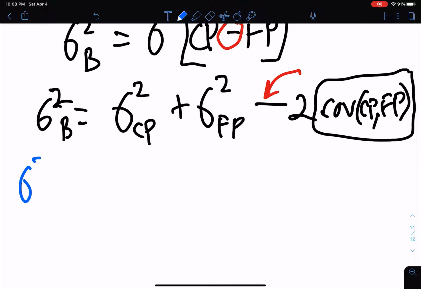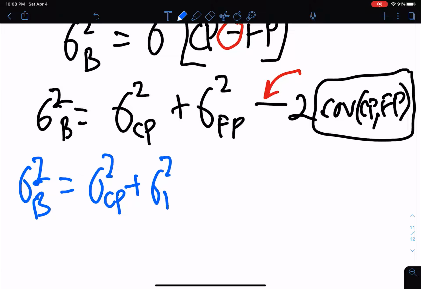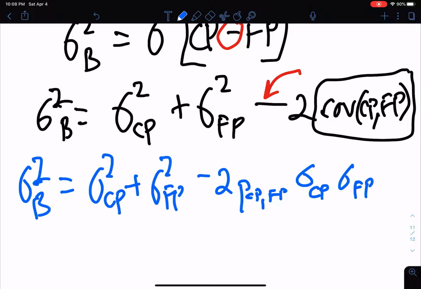So we're going to have the variance of the basis equals variance of the cash price plus variance of the futures price minus 2 times the correlation coefficient between the cash price and the futures price times the standard deviation of the cash price times the standard deviation of the futures price.